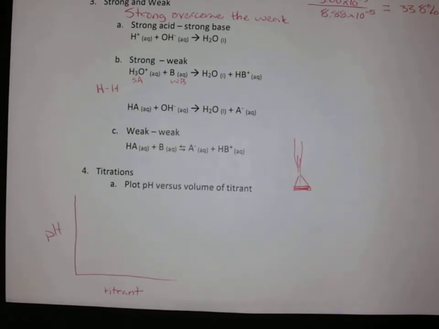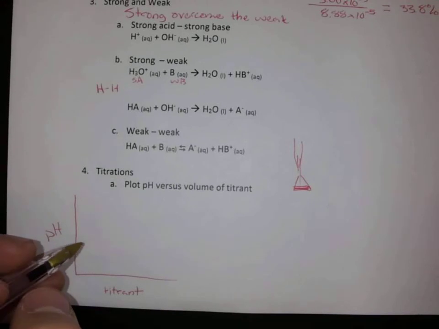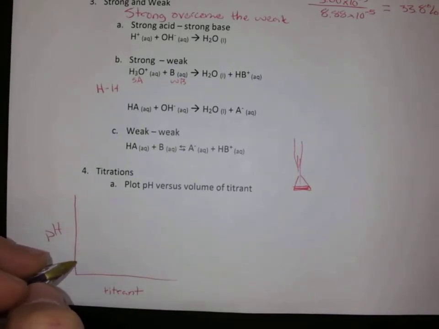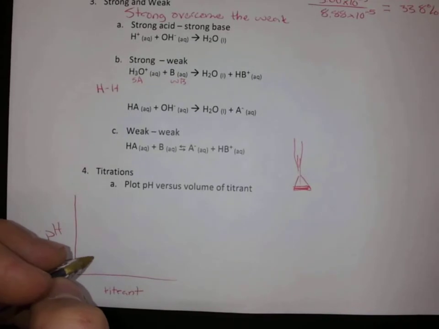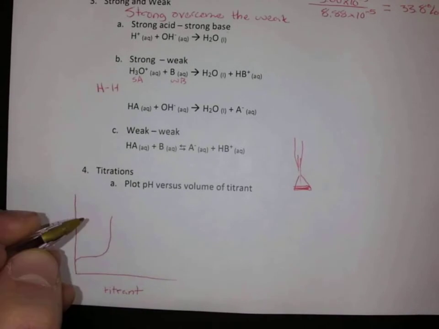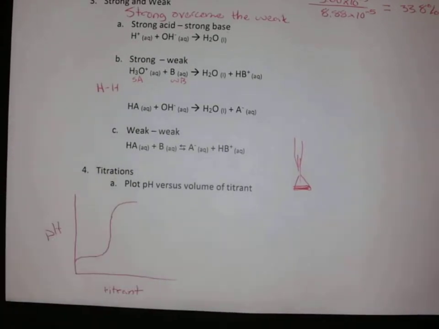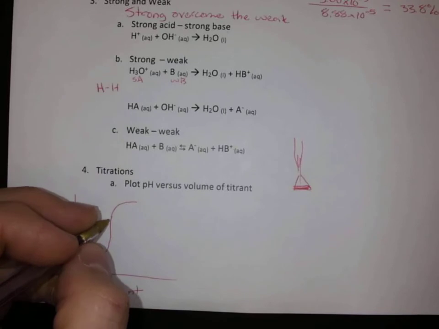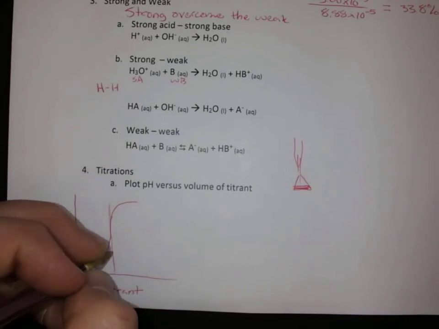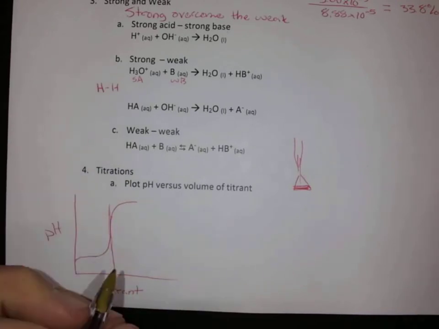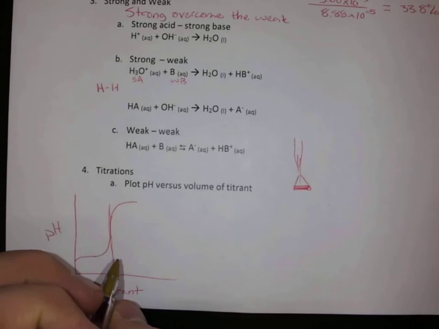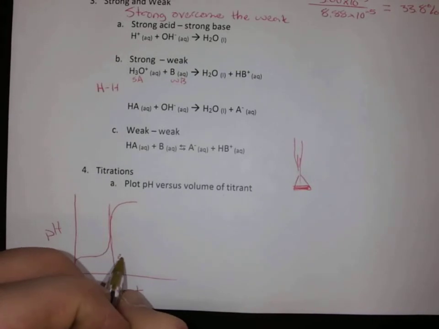So if we have a strong acid being titrated with a strong base, we've got a strong acid to start, so our pH would be low, right? So we start low, and then at a certain point, we're going to jump up because we're going to start having excess base, okay? So right here in the middle, right at that most vertical point, that would be our equivalence point, okay?